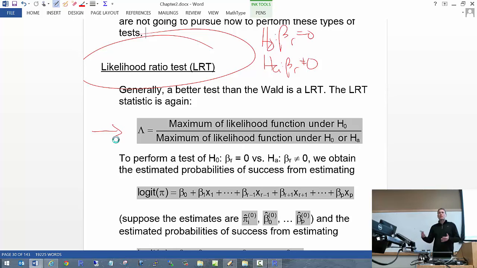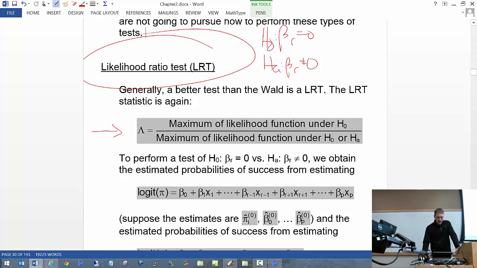And the reason being is because the more explanatory variables you add to the model, the better the fit of the model will be. Now, if you've had a class like Stat 870, you already know that in terms of a normal linear regression model. If you remember that coefficient of determination, r squared, you can keep on adding terms to your model, and r squared keeps on going up, up, up, no matter what. Well, similarly here, the maximum possible value of the likelihood function under H0 or HA is the HA model that has the additional explanatory variable.